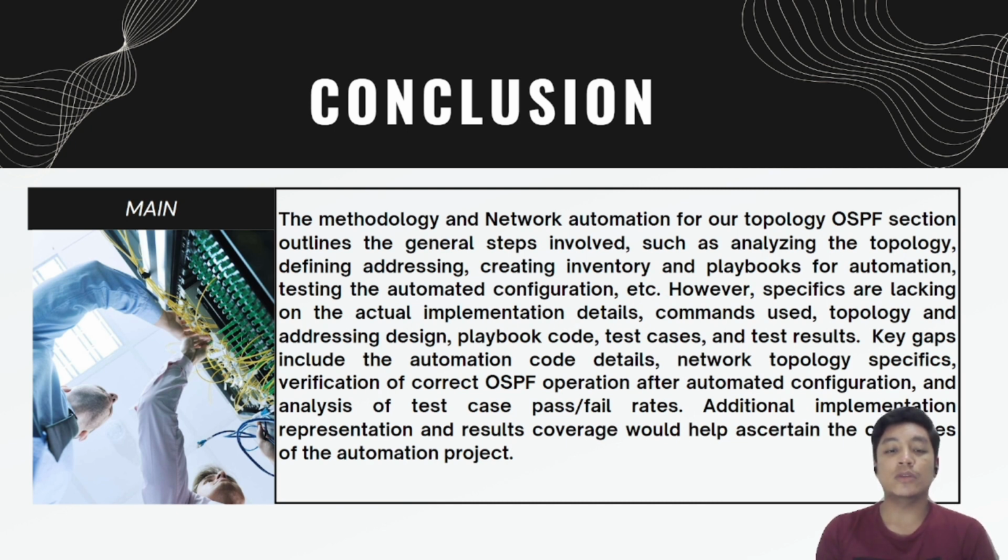Key gaps include the automation code details, network topology specifics, verification of correct OSPF operation after automated configuration, and analysis of test case pass or fail rates. Additional implementation, representation, and result coverage would help ascertain the outcomes of the automation project. So that's all from us. Thank you.